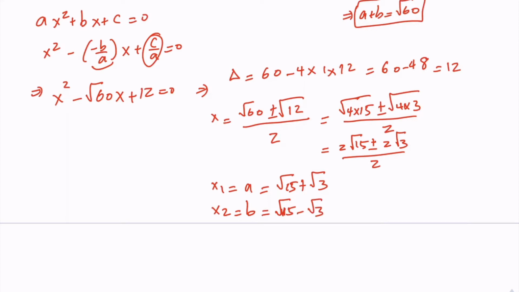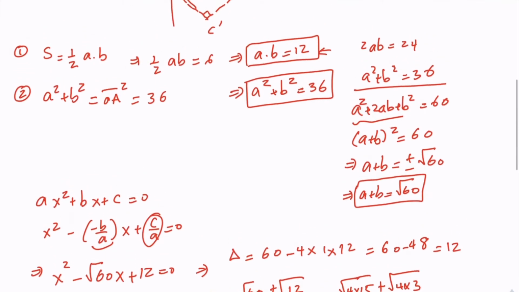Or vice versa. You can also say b is square root of 15 plus square root of 3, and a is square root of 15 minus square root of 3. And just by looking at this, we can also write this as square root of 3 times (square root of 5 plus 1), and this as square root of 3 times (square root of 5 minus 1). So we found a and b.